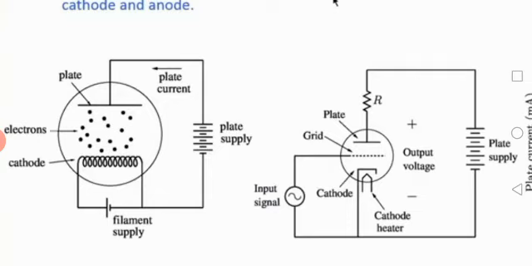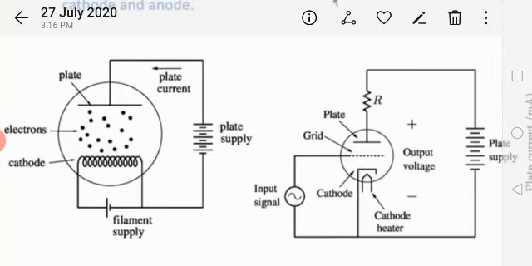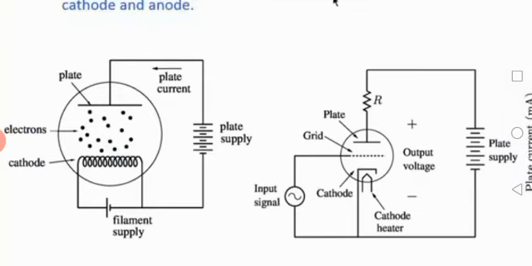So when the filament supply is given to the filament, the heating effect of electricity takes place, and I square RT heat is generated, and with that heat some electrons are emitted, just like the boiling of water. We can understand the thermionic emission just like the boiling of water.